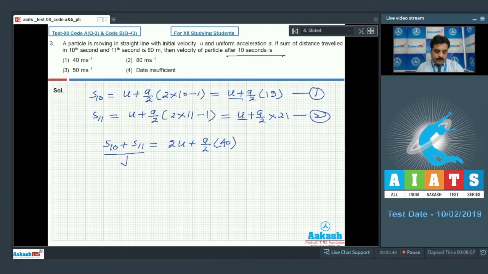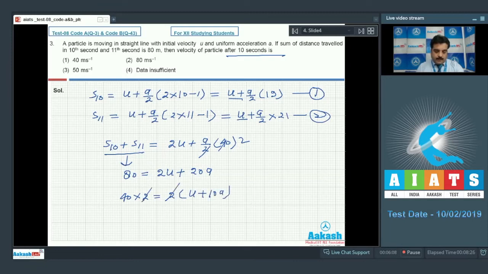The sum according to the problem is 80, so 2u plus 20a. If I write 40 into 2 on the right hand side, I am going to take common u plus 10a.